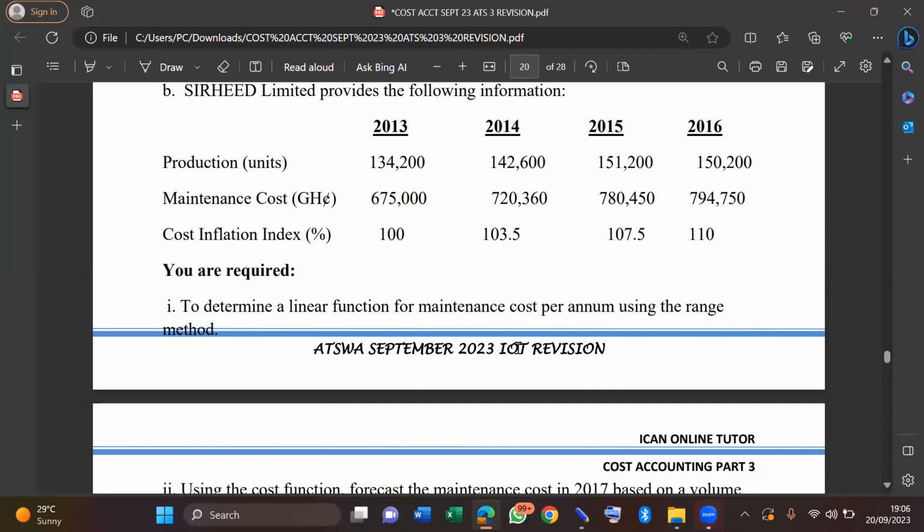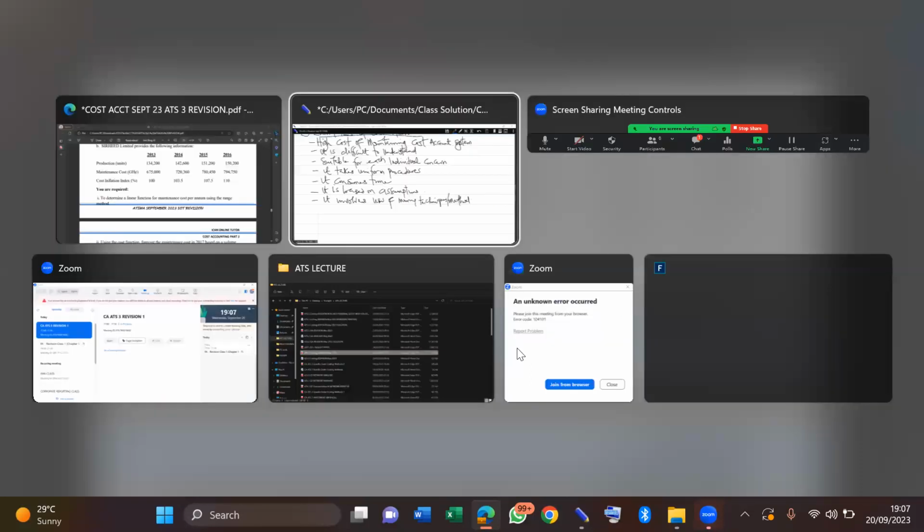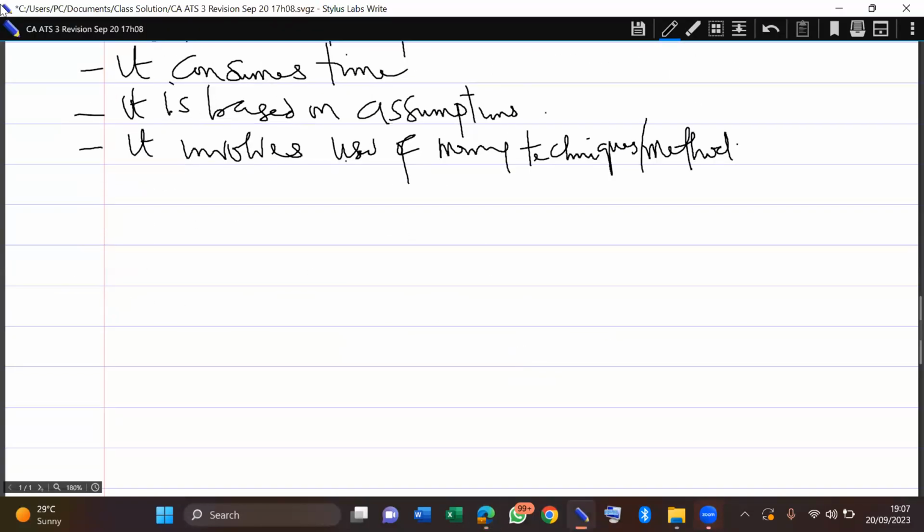Let's take it one after the other. The first one is, how can we determine our linear functions? You have 2013, 14, 15, 16. What do we think they are referring to there?